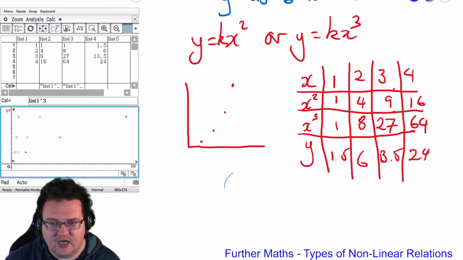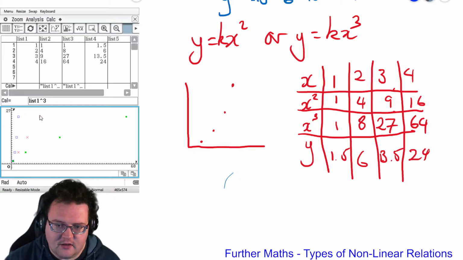And if you look here at the green dots, it's still got a curve to it. But you could conceivably draw a straight line through those red crosses.